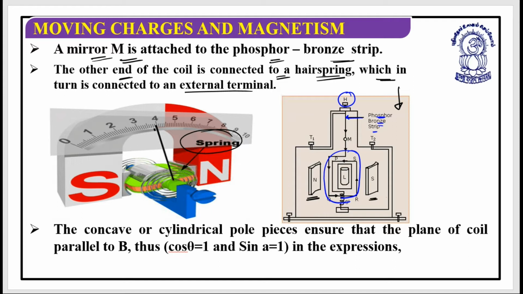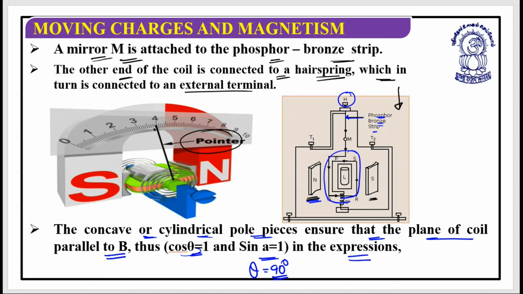So what we are supposed to do, if you observe this very carefully, is use concave or cylindrical pole pieces to ensure that the plane of the coil is always parallel to B. While the plane of the coil is parallel to B, that means cos theta, cos of 0 degree, would be equal to 1, and sin theta would be equal to 1, because for the area vector theta is 90 degrees. So sin 90 would be equal to 1, and this is cos 0 degree.